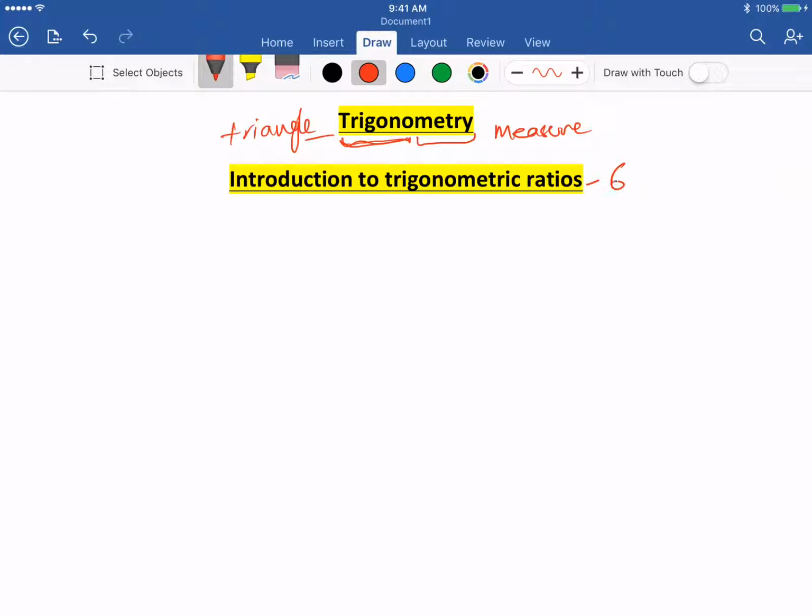There are six ratios. At GCSE level, you need to know only three of them. The six ratios are sine, cosine, tangent, cosecant, secant, and cotangent.